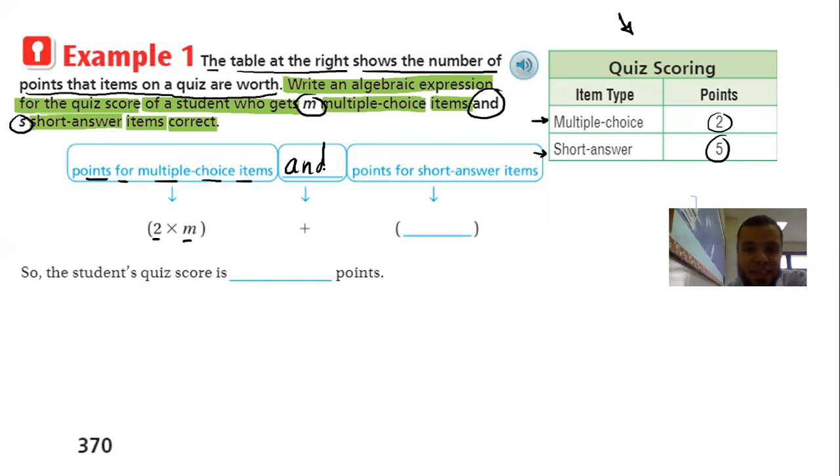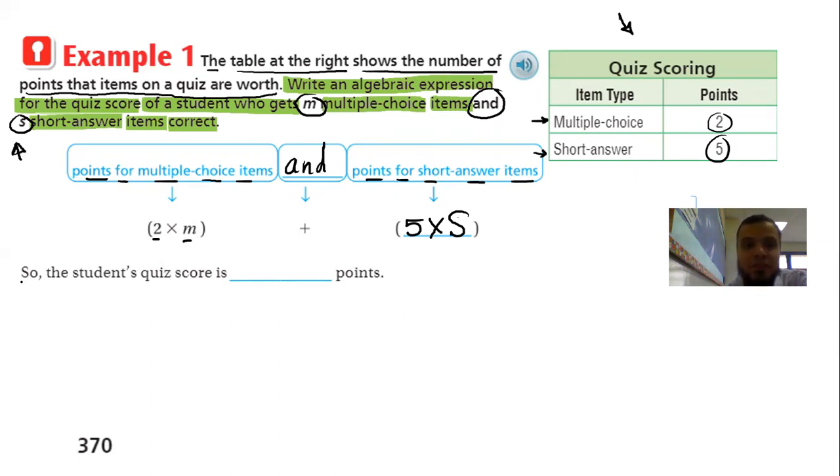So the word and means plus. Points for short answer items. I have here short answer items, represented by 5. 5 points for each. So 5 multiply S, as he said here.